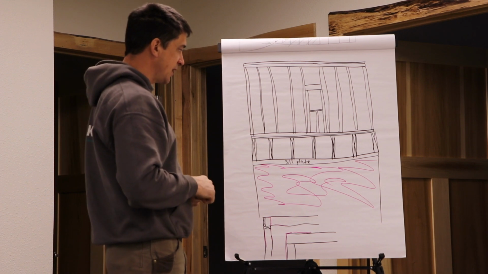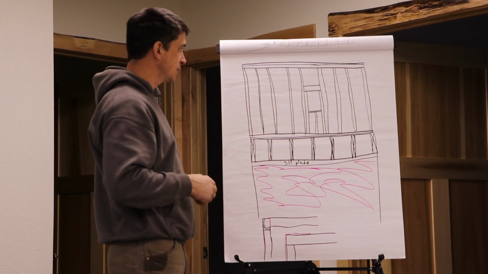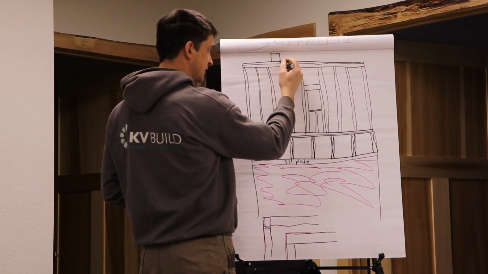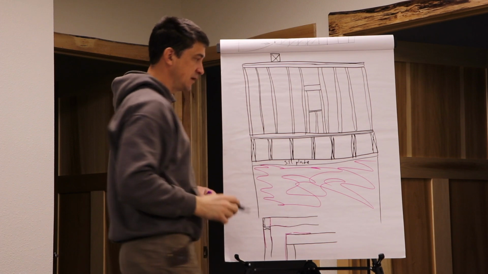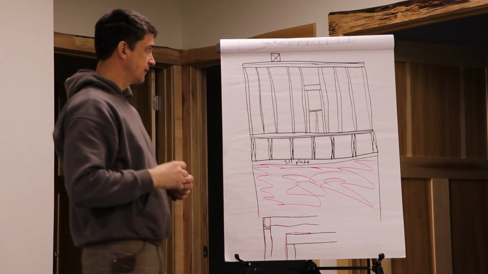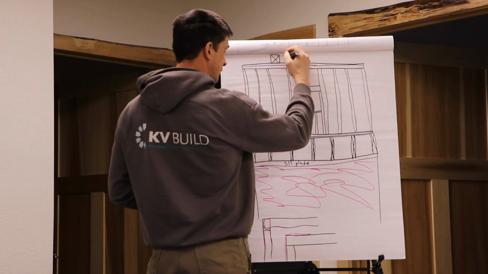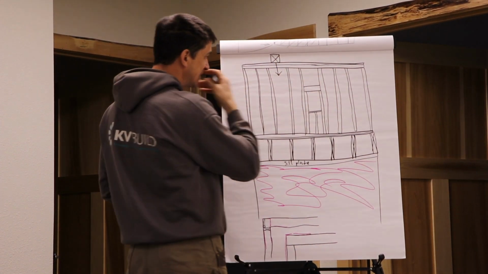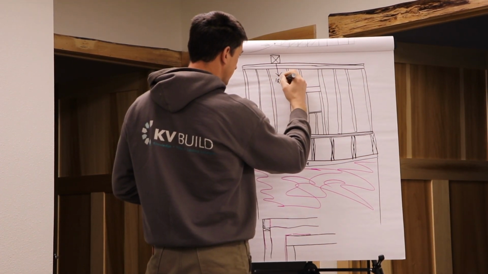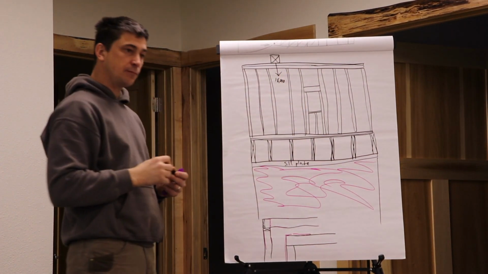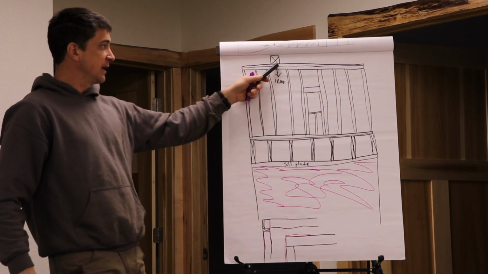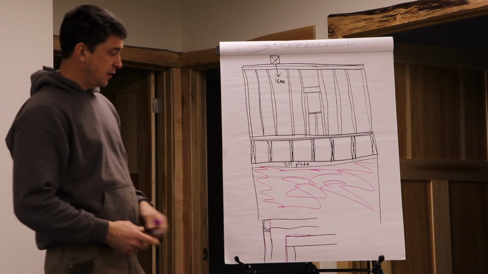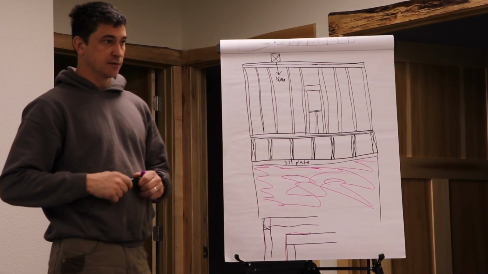But if we need to put a large beam to carry something on the second floor, and it's sitting on our wall there, and this beam is putting a load on our wall of, let's say, 18,000 pounds, we have to be able to account for that load and make sure that it's transferred all the way to our foundation, and we have to make sure our foundation can handle it.